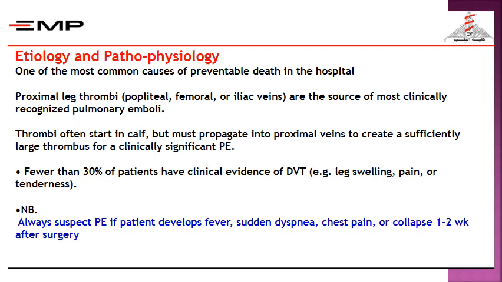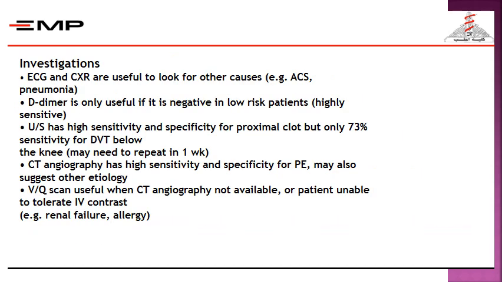Dyspnea and tachypnea and tachycardia mean pulmonary embolism in a predisposed patient, sure. Unexplained dyspnea and tachycardia mean pulmonary embolism until proved otherwise. Treating the patient is better than leaving him to die. It is a fatal condition, and at the same time it is a preventable condition.